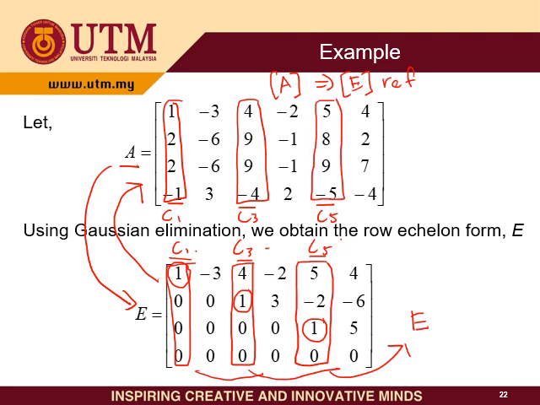If the question asks you to find the column space for matrix A, you must look back from the position in matrix E, and then look back into the position in matrix A. So the C1, C3, and C5 in matrix A will be the column space for matrix A. These 3 are the column space for matrix E.